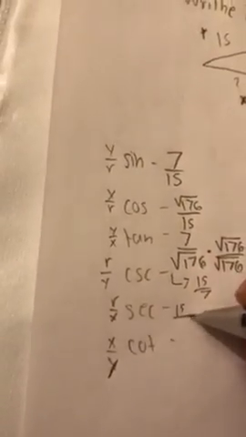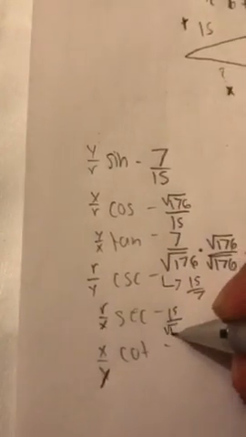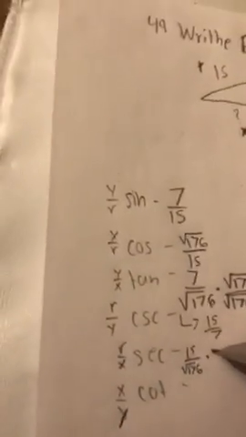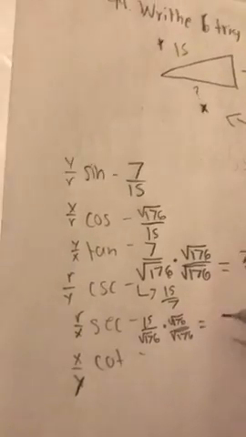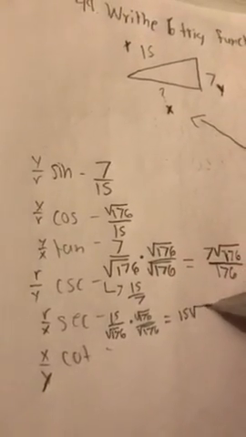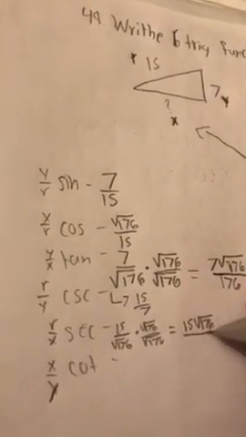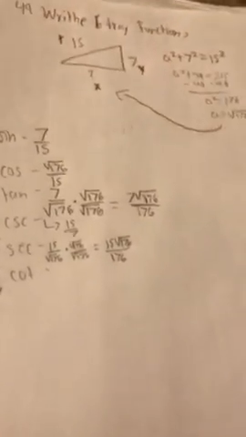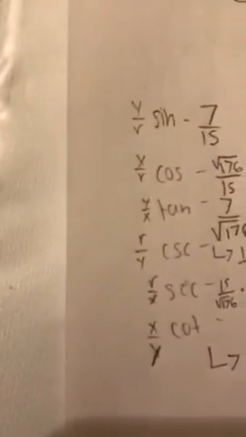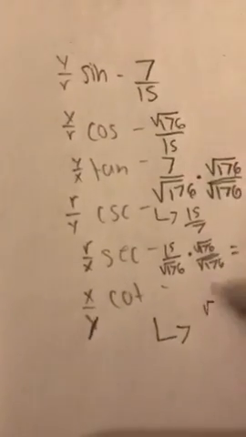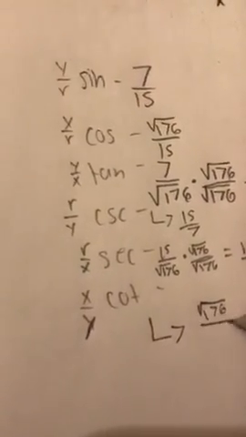Secant is hypotenuse over the x value, so you're going to rationalize that one again, and you're going to get 15 square root of 176 over 176. And for the last one, cotangent, it's x over y, so square root of 176 over 7, and you're done.